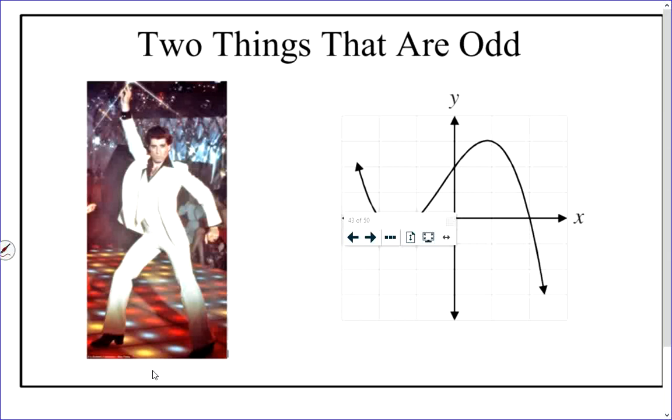You gotta find out what it's about. I'm just kidding. It's so cringeworthy now. But John Travolta is odd. This is peculiar, isn't it? But the way he's holding his arms is also odd in terms of a polynomial function that would be cubic. Right? So I will very often say, oh, that's a John Travolta function.